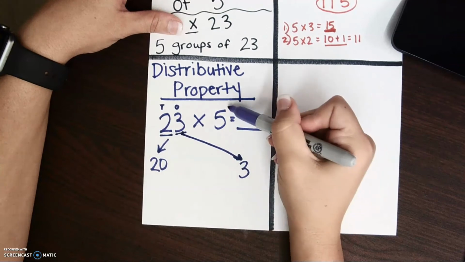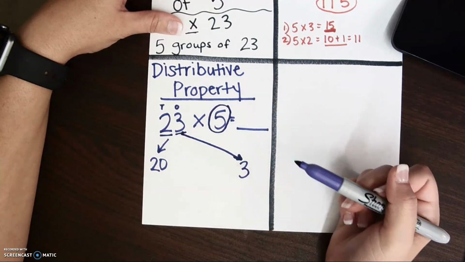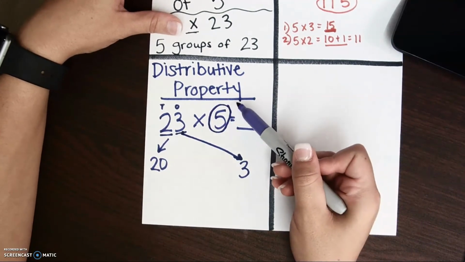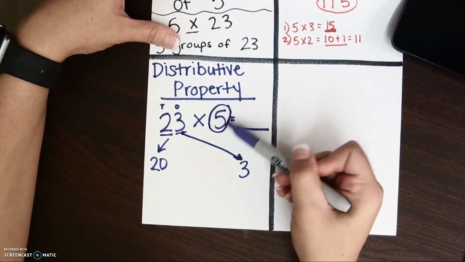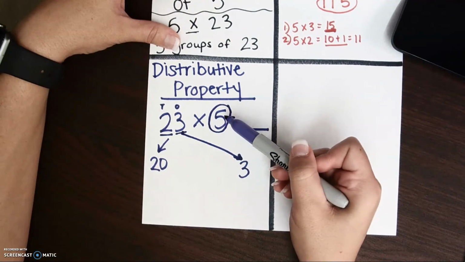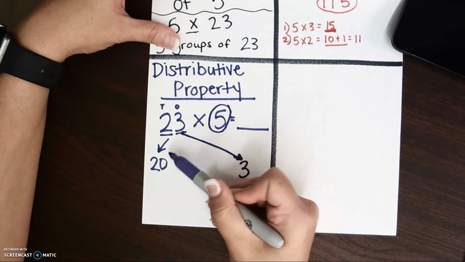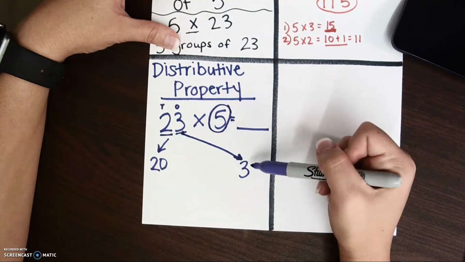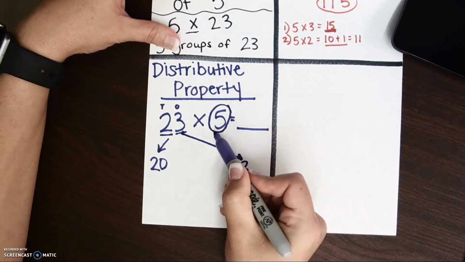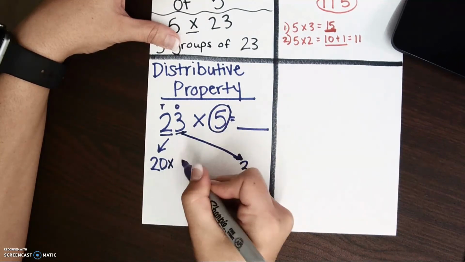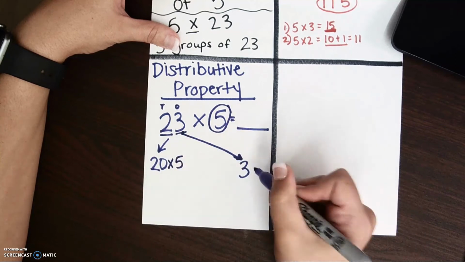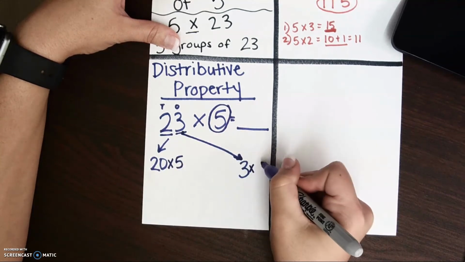But then I've got to use this number 5. I've been telling my students, the number 5 is really lonely over here by himself, or by herself. I've got to let my 5 go visit his friend 20 and go visit his friend 3. So my 5 gets to multiply the 20, and he gets to multiply the 3.